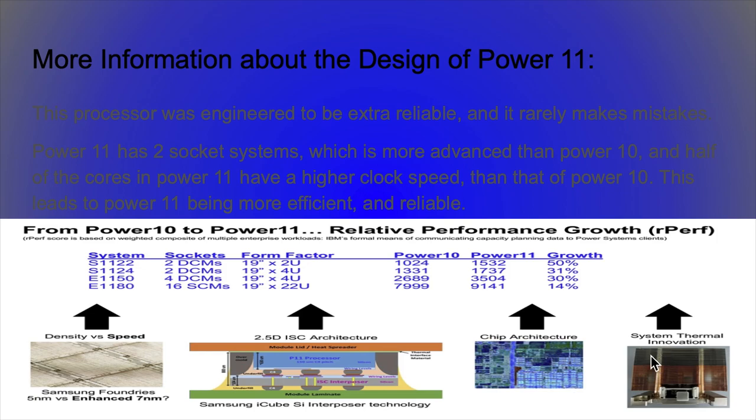It's made to be able to withstand high temperatures. Power 10 doesn't have that. Power 11 has this special feature. And the architecture, Power 11 uses the 2.5D architecture. It's a higher level architecture than that of the Power 10.